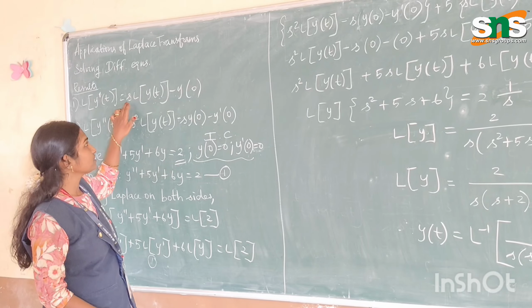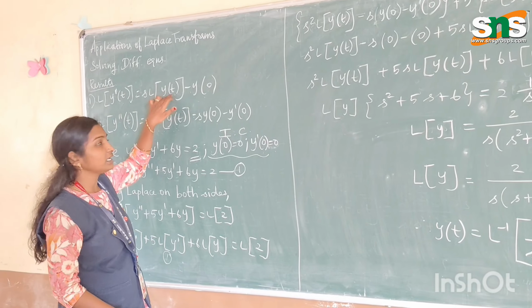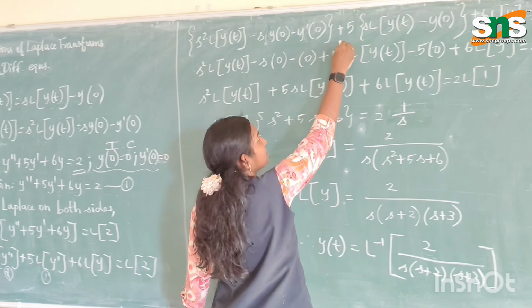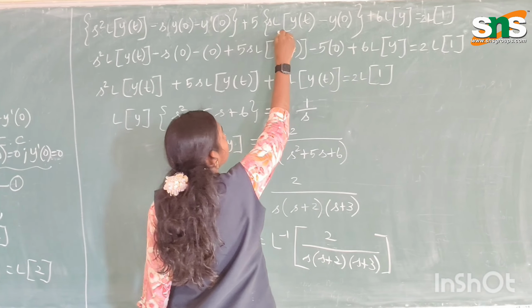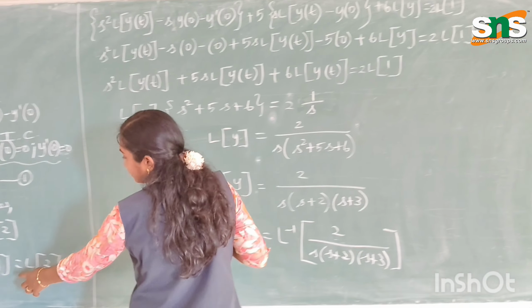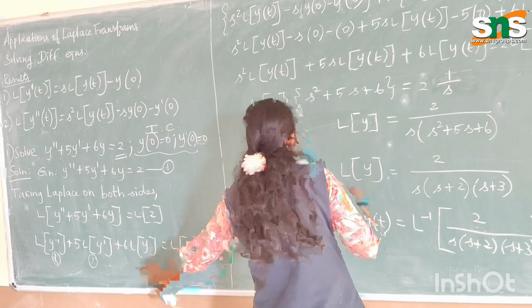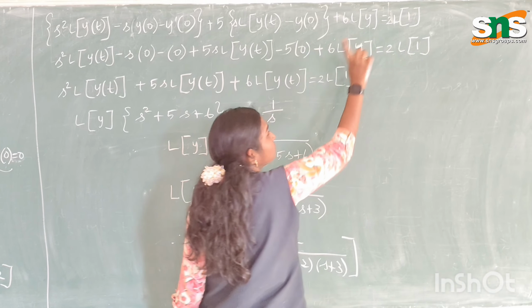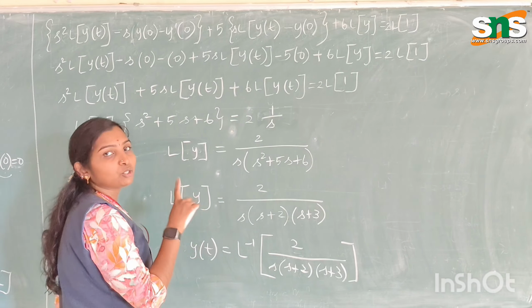What is L of y dash? This is s into L of y minus y of 0. Here this is plus 5 into s into L of y minus y of 0. Plus what is our last term? It is 6 into L of y, and on the RHS you have 2 into L of 1. We have taken the 2 outside.